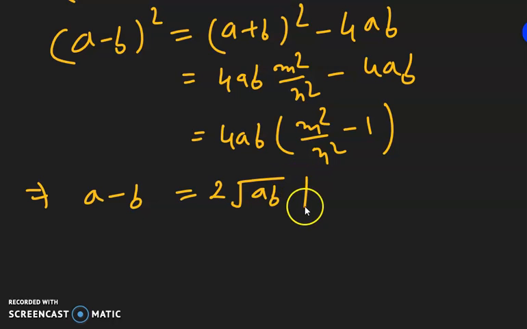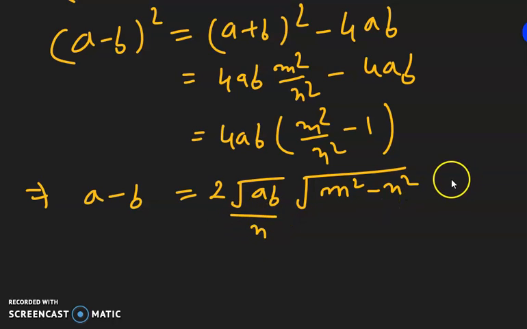So square root of (m square minus n square) by n square, which can be written as square root of (m square minus n square) by n. Simple thing, we just take the square root of this quantity. This is equation number 2.